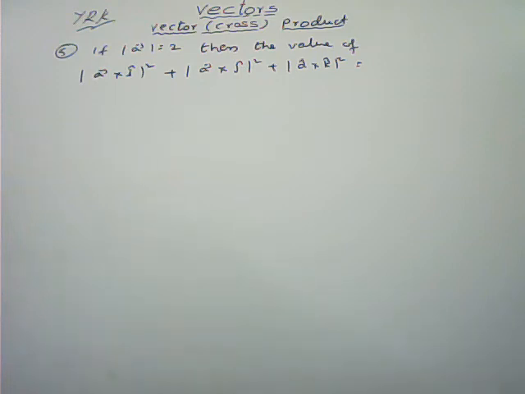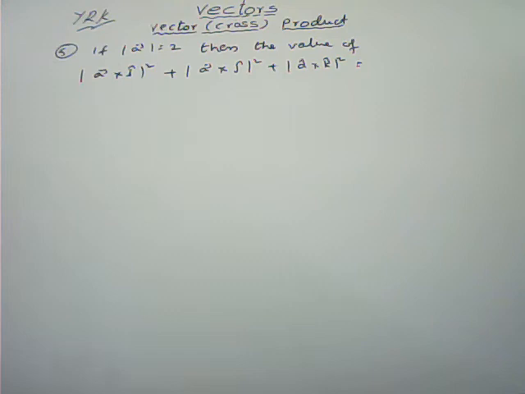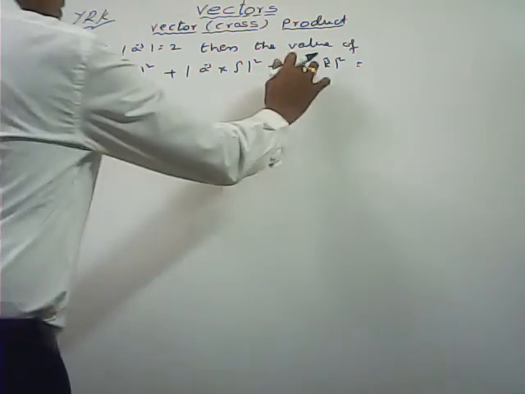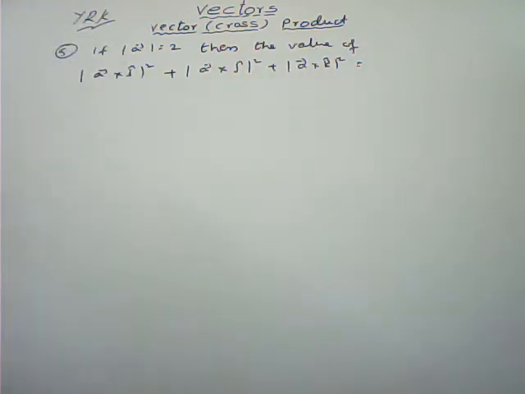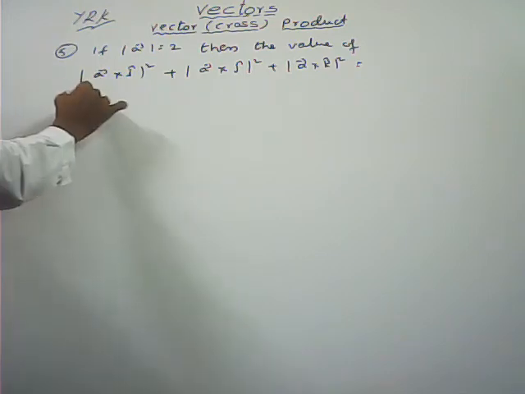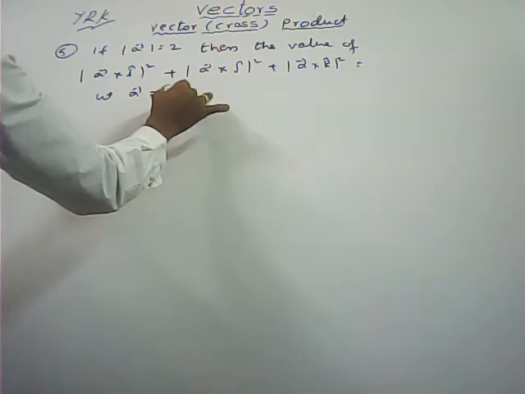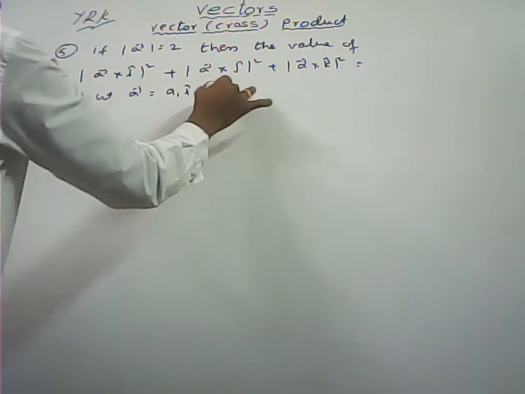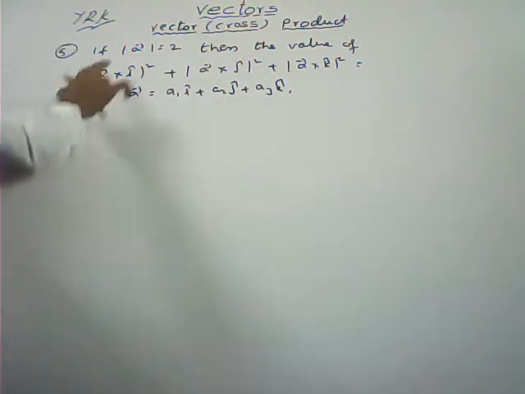Yes. Next one. If modulus of a bar equals 2, then the value of modulus of a bar cross i cap whole square plus modulus of a bar cross j cap whole square plus modulus of a bar cross k cap whole square is equal to. Here I am taking the vector a bar equals a1 i cap plus a2 j cap plus a3 k cap, and its modulus is given.